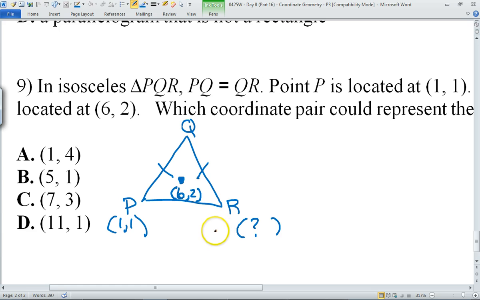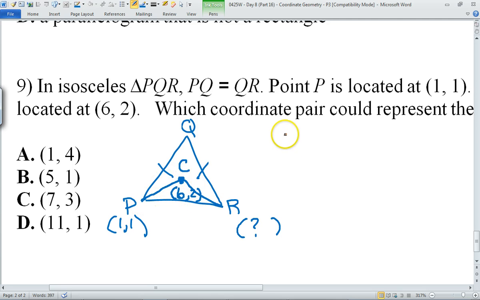The key is symmetry. Because this is an isosceles triangle, if I find the distance, let's call this point C for centroid. The distance from the centroid to point P and the distance from the centroid to point R should be the same. Because it's isosceles, it should be balanced on the left and the right.